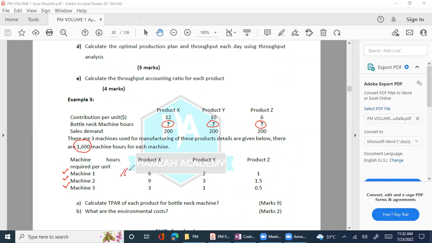So 1600 divided by 6 will give us how many units? How many units will we be able to produce for X? And similarly, from machine 2, how many units can we produce for X? And how many units can we produce for X from machine 3? So please share these answers.